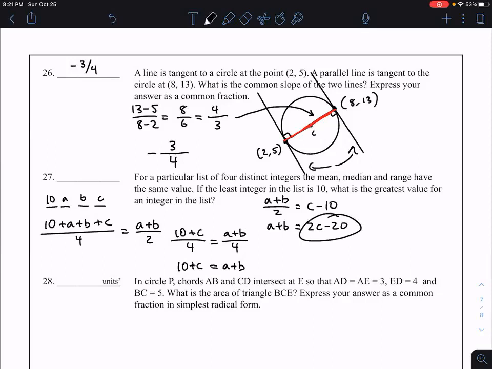We'll use this and plug it in here. So 10 plus C is equal to 2C minus 20. And you can just solve for C. You'll get C is equal to 30, and C is also our largest integer, which is what we want. And that's our answer.